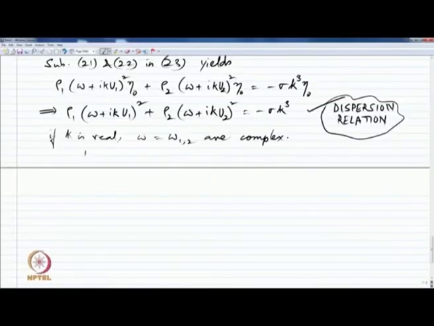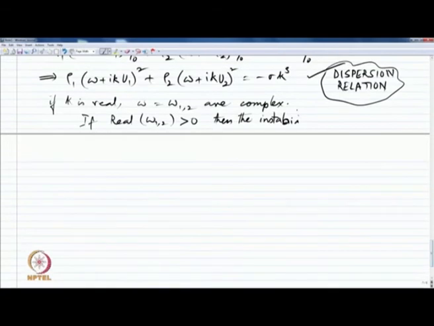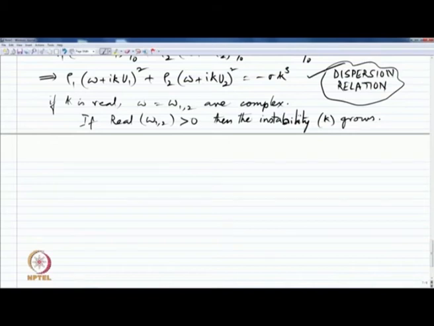So, if the real part of omega 1 comma 2 is greater than 0, if the real part of either omega 1 or omega 2, it does not have to be both, is greater than 0, then the introduced perturbation of wave number k will grow.